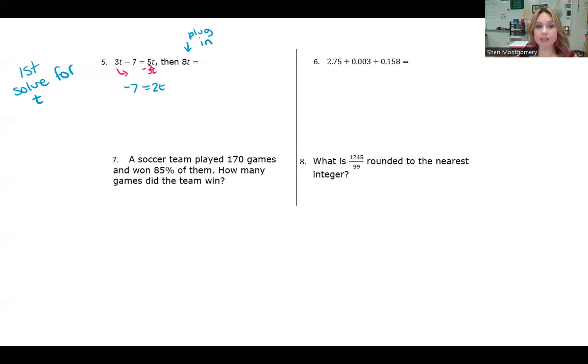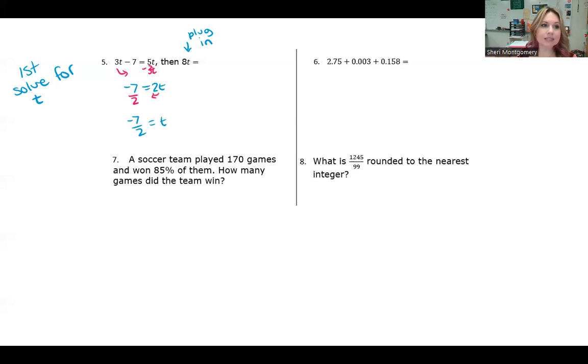We almost have t by itself, but we don't. So to get t by itself, I can divide by 2. Does 7 over 2 reduce? No. And we're going to leave it as a fraction because we're going to go plug it in.